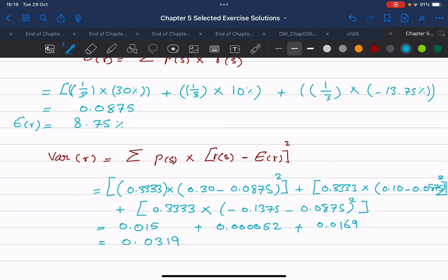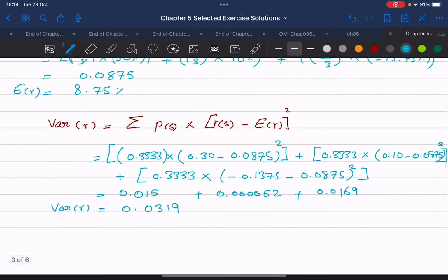Now, this is our variance, but this is not what is required in the question. What is required is the standard deviation. But because we know that standard deviation equals square root of the variance, so this is what we're going to do.